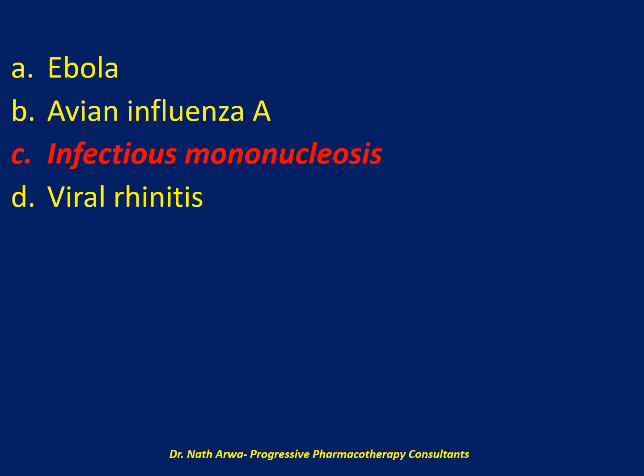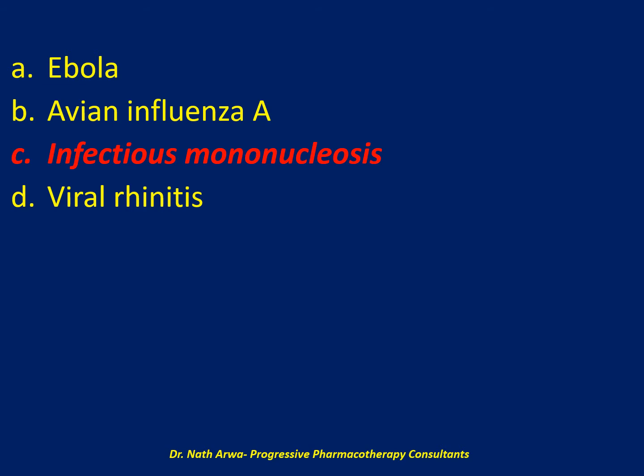Now the common cold, which is viral rhinitis, is the one they're referring to in D. It's one of the most common infectious diseases in humans, and its typical symptoms include runny nose, congestion, and sneezing. So it would not be the best answer to this question.